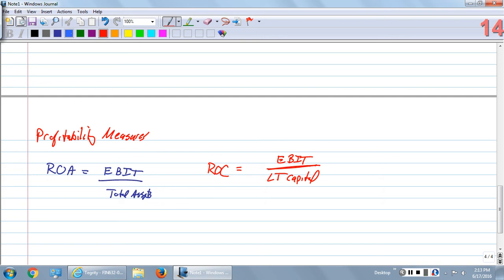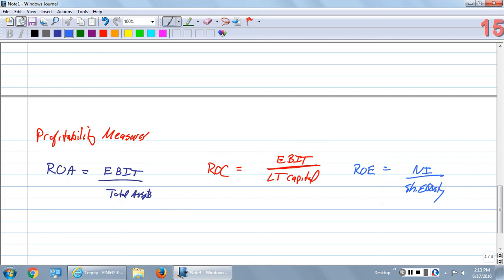And the last ratio that they mentioned is ROE, which now we're going to go to net income instead of EBIT, but we've got net income over shareholders' equity. We talked about ROE in the previous chapter when we were talking about how a firm can grow.